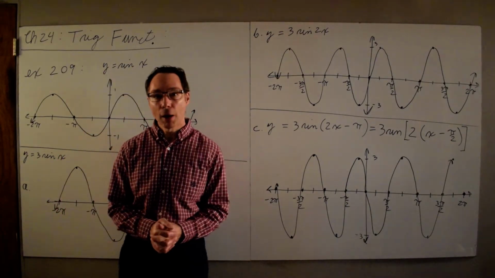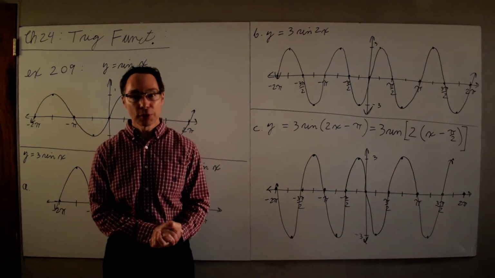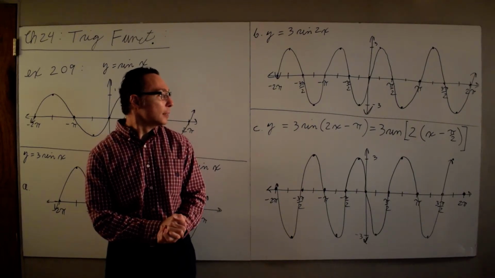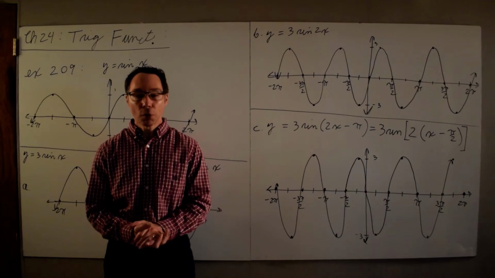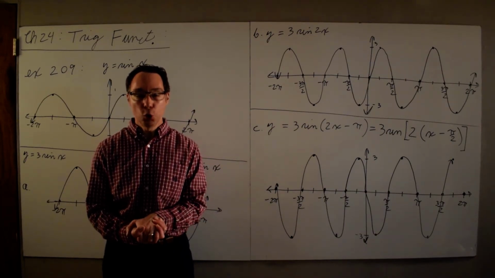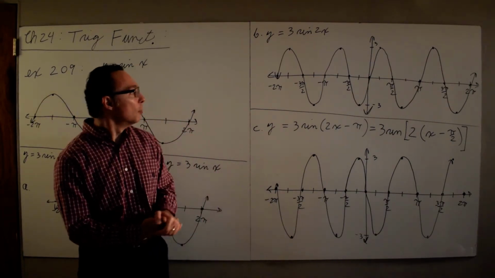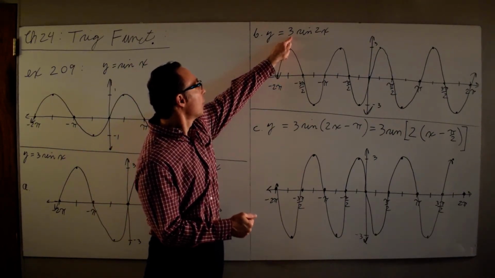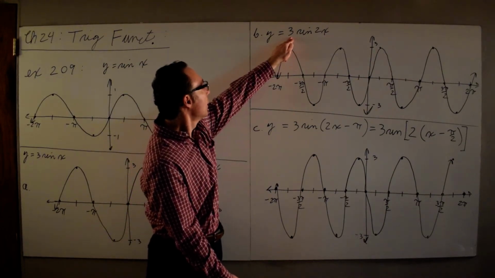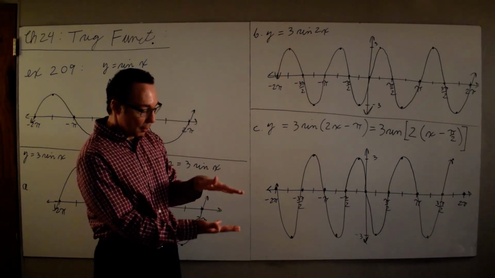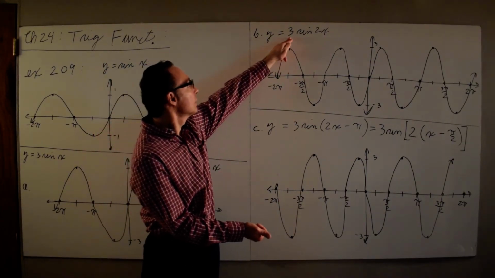The other thing about horizontal and vertical shifts and compressions is what we do outside the function generally affects it vertically and intuitively. In other words, you multiply by a number greater than 1, that stretches it. You multiply by a number between 0 and 1, that compresses it on the outside.